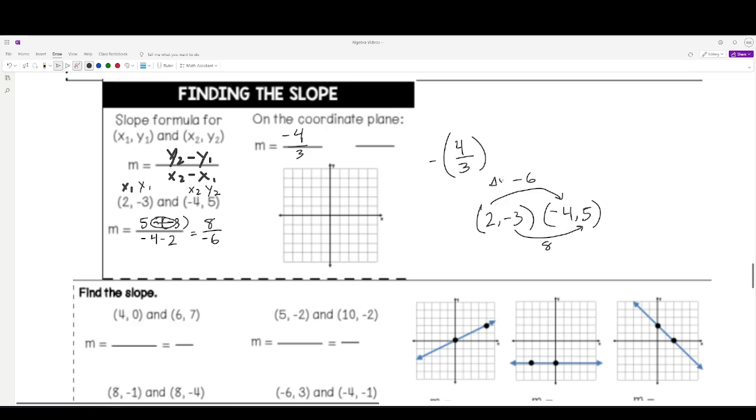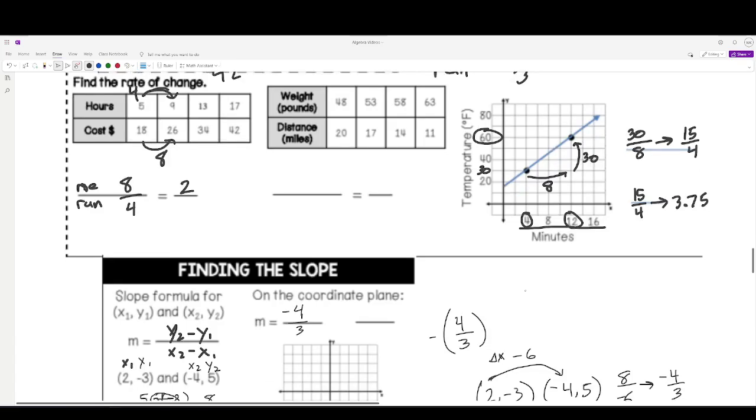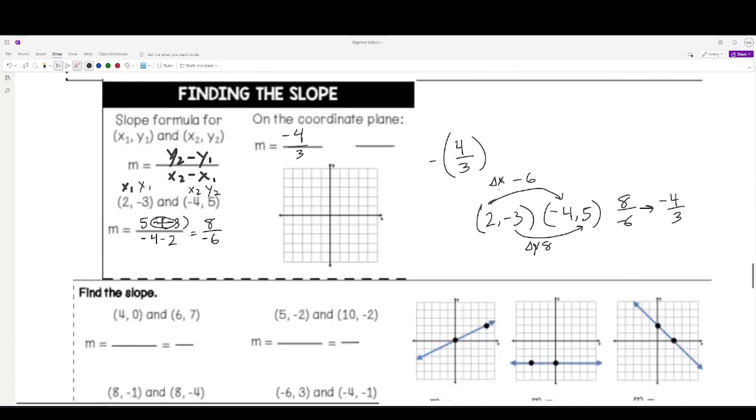So this was my run, and this was my rise. Then I just go straight to putting 8 over -6, and then simplify that to -4/3. So you can use the skip counting or arrow thing like we did up here on the tables and the graph with ordered pairs as well. You're basically acting like they're two items in a table.